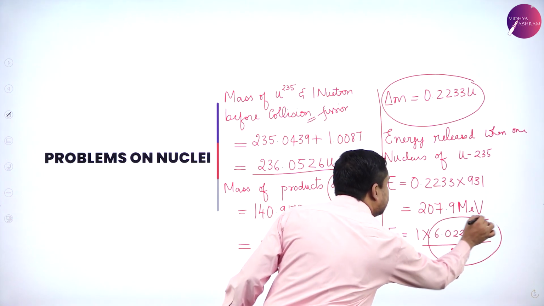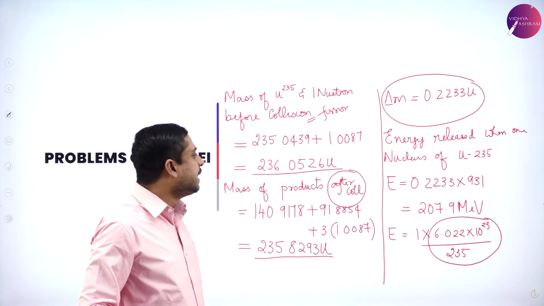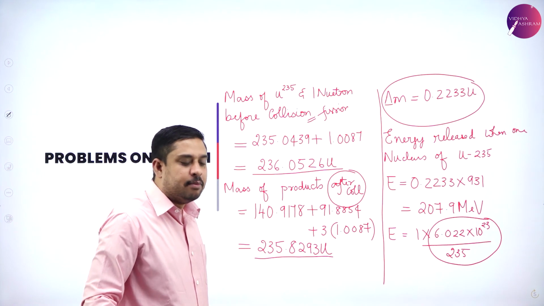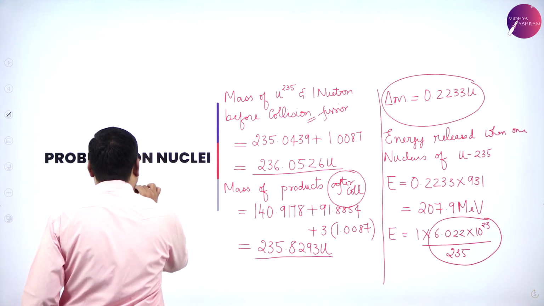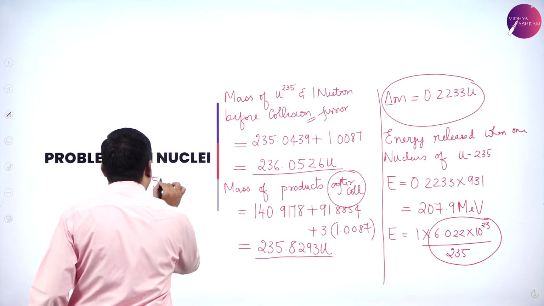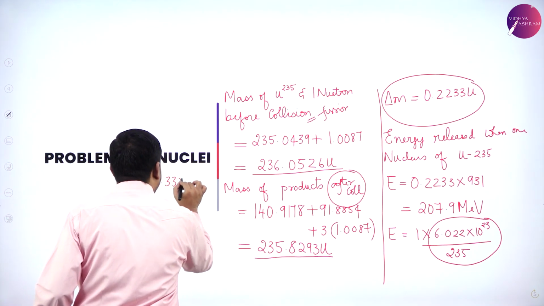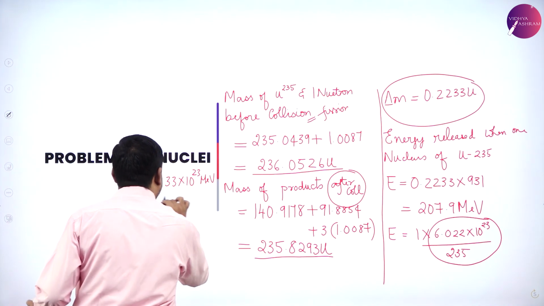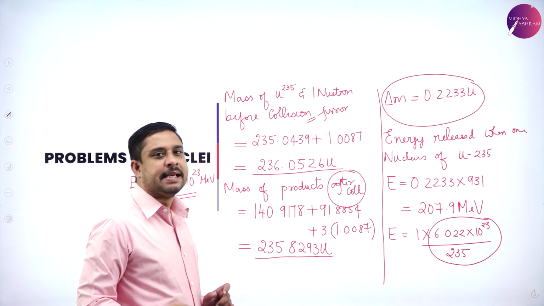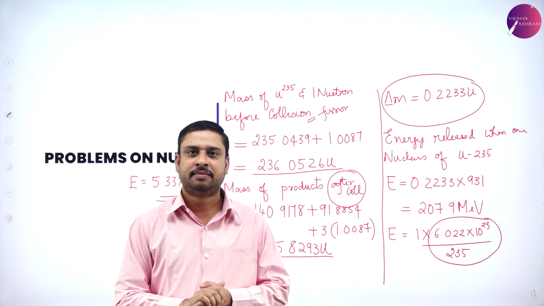So energy released by 1 gram of uranium-235, the answer will be 5.33 into 10 power 23 MeV. So this will be the simplification.